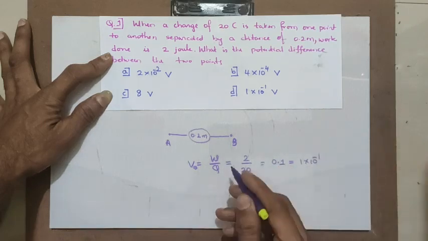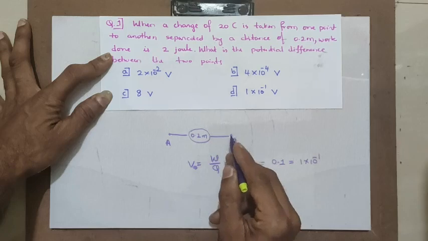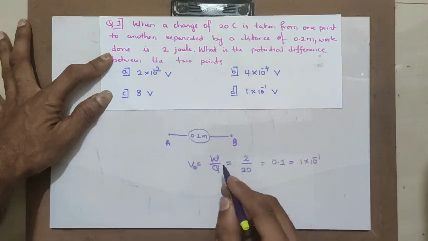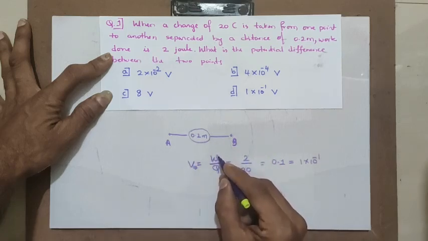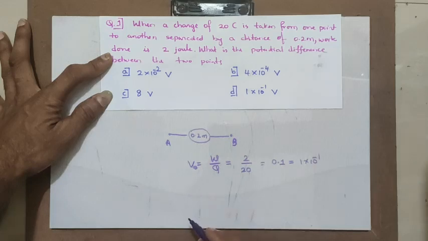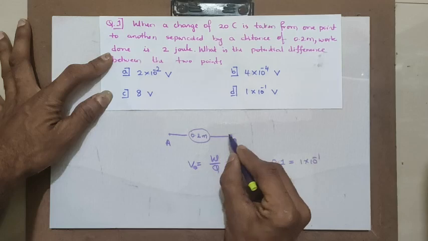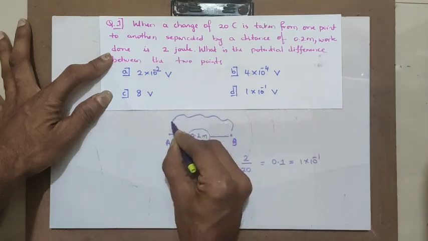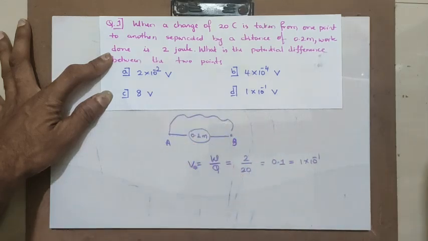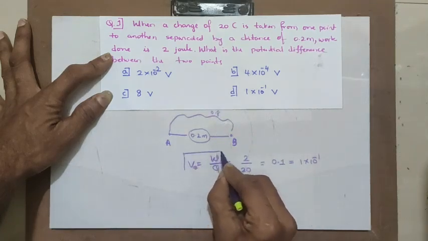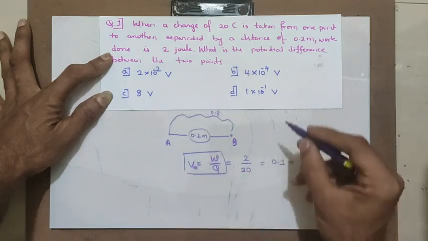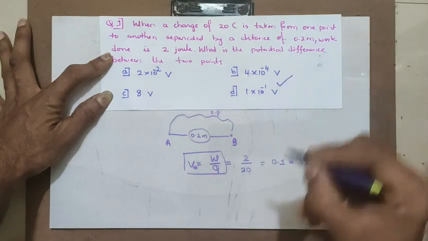It only depends on work done, and that work done is independent of the distance between the 2 points. Suppose you came from here to this point, changing the distance to 0.8 meter, it doesn't change the potential difference. Please remember, work done per charge. The answer becomes D.